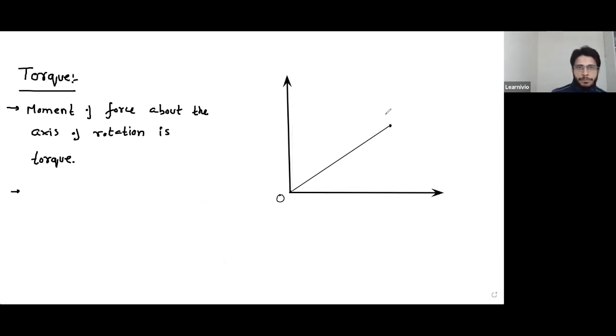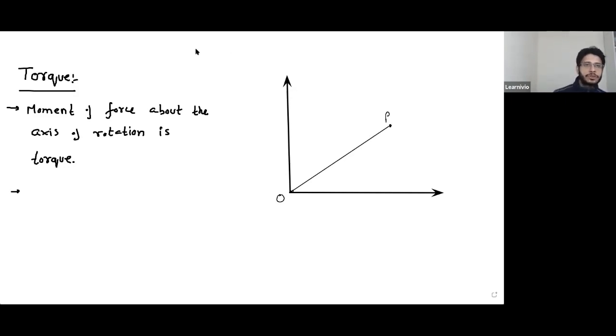I take this point P over the rod. This rod is fixed at this point O. It cannot translate. If a body is fixed somewhere, like your fan is fixed to the ceiling, the fan cannot translate. It cannot move from one point to another. So if a body is fixed, it cannot translate. It can only rotate.